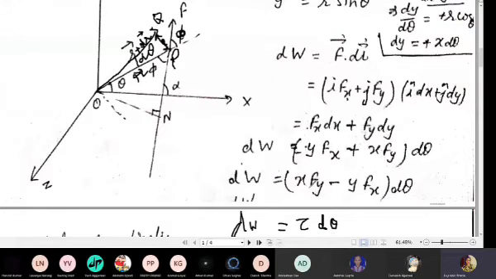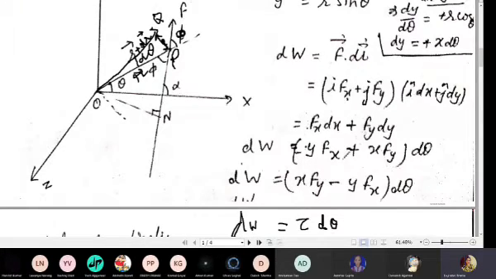So it means this term is playing the same role which the force is playing in linear motion. Like dW in linear motion, I write F into dx, or F into dr if I am in two or three dimensions, I will be writing it in component form.